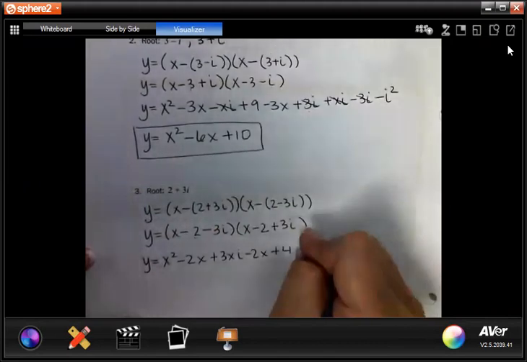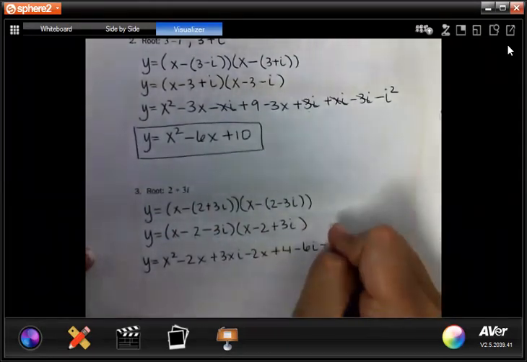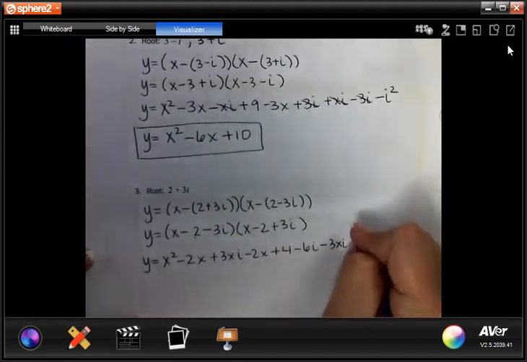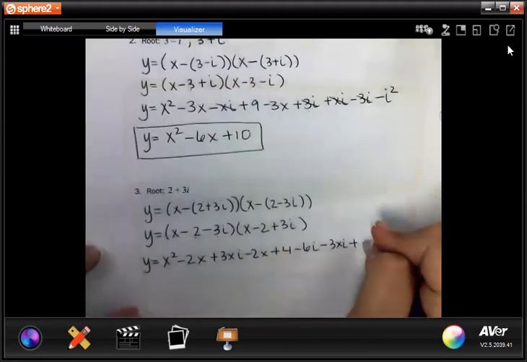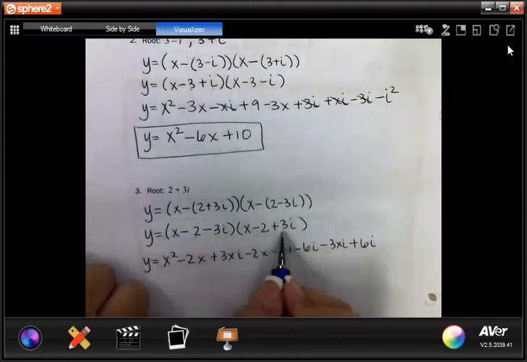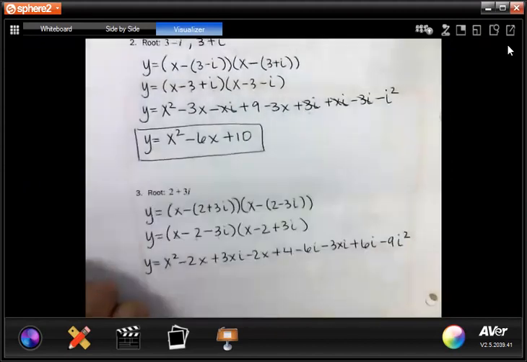Negative 2 times 3i gives me a negative 6i. Negative 3i times x gives me a negative 3xi. Negative 3i times negative 2 gives us a positive 6i. And a negative 3i times a positive 3i gives us a negative 9i squared.